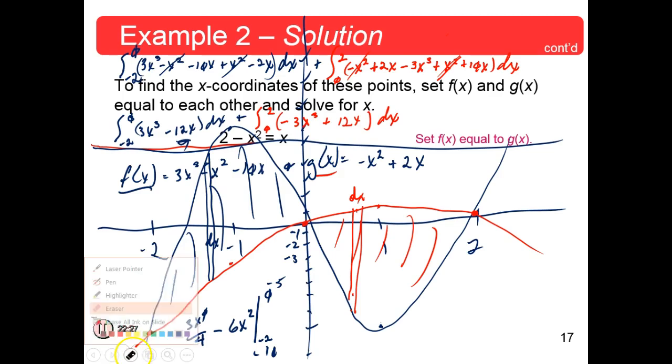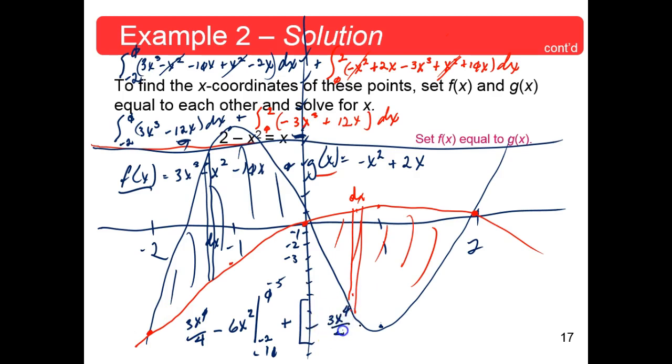So I'm going to put a plus here, and then let's put this in the bracket. Now let's do that. What would this one be? Antiderivative of minus 3x cubed. That would be exactly the opposite of what we had before. Minus 3x fourth over 4 plus 6x squared. And we'll evaluate this one from 0 to 2.